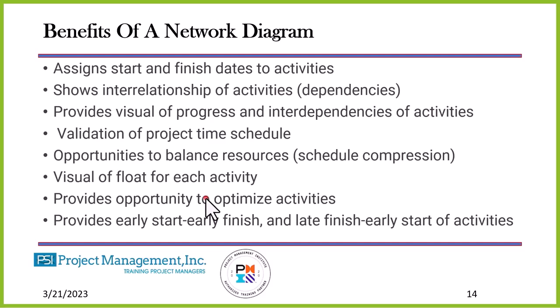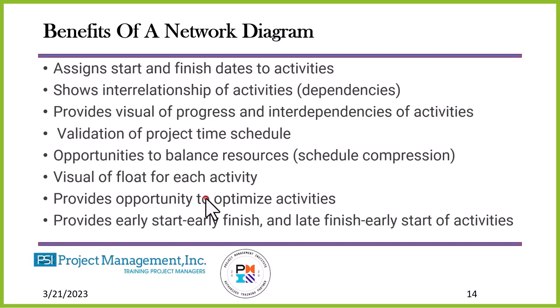It is very common to have many different paths through a project, and some of them are parallel, some of them are linear. But we need to understand that, and that will help us to visualize perhaps float as well as use that as an opportunity to optimize the activities.